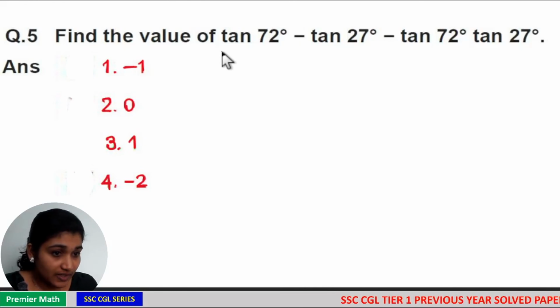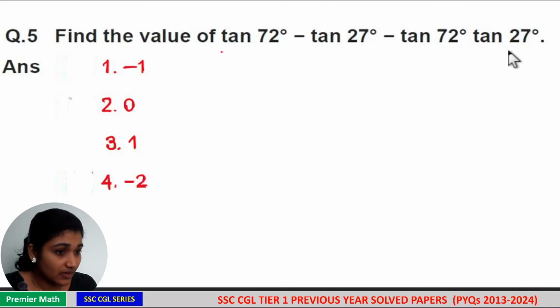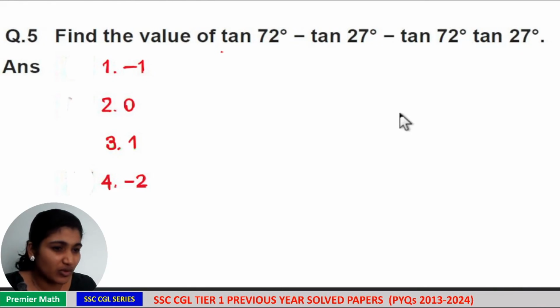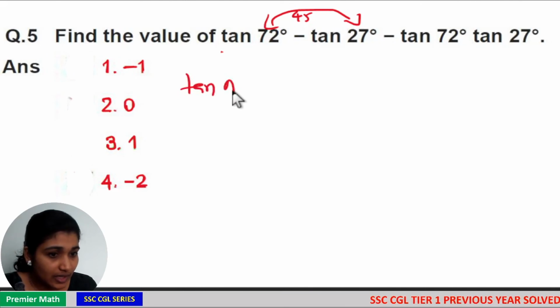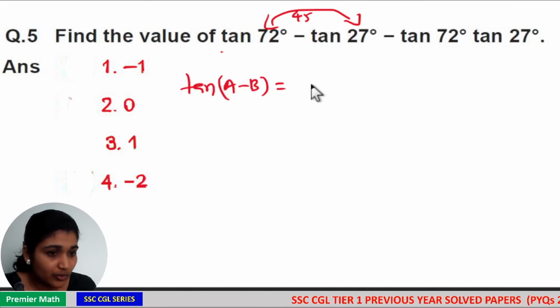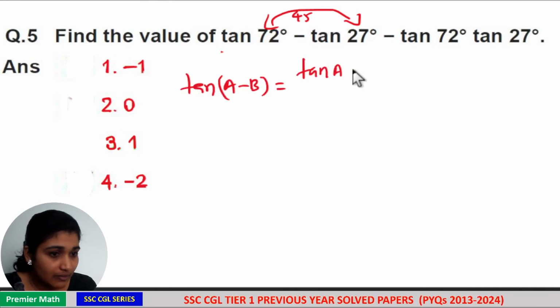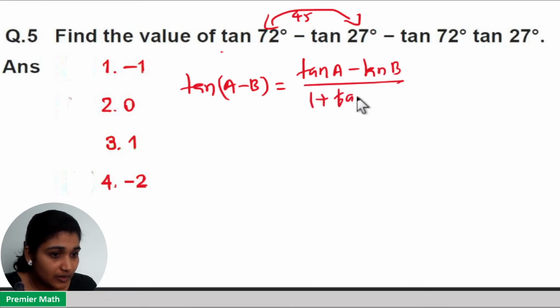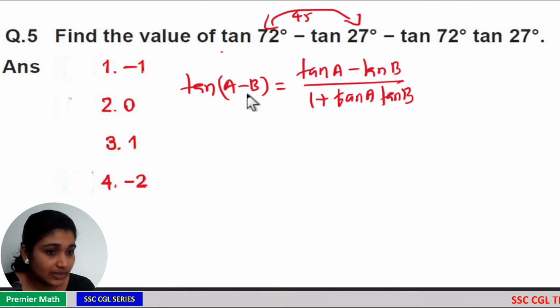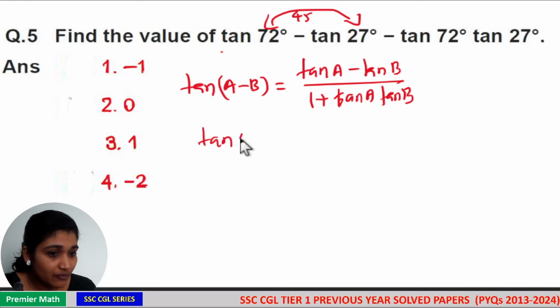Find the value of tan 72 minus tan 27 minus tan 72 into tan 27. This is purely formula based. Here if you look at the 72 minus 27, difference is 45 degree. So there is a formula tan(A minus B) equal to tan A minus tan B divided by 1 plus tan A tan B. Now if you substitute here, tan(A minus B) means tan(72 minus 27), that is tan 45.